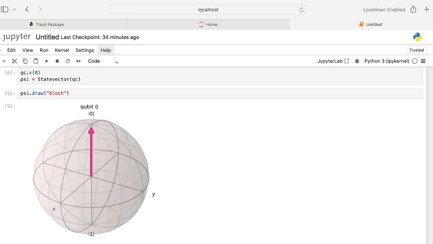And then we're just converting it to a state vector. Then we're just going to plot it again. And this is a Bloch vector here, of course, that I'm plotting on.